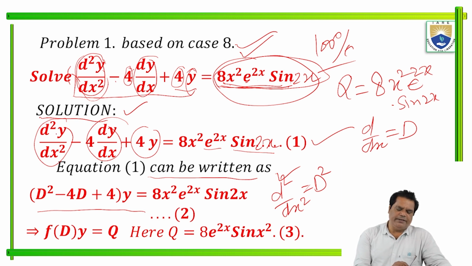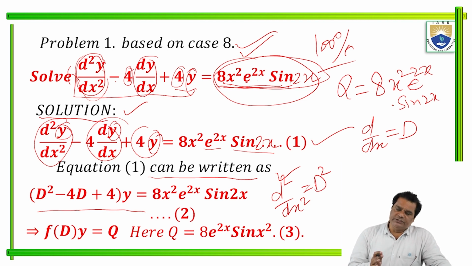Y is common in all terms. Y is here, Y is here, Y is here. So taking this y to the right hand side as common. Never take it on the left side. If any student takes this y on the left side as common, then the question is wrong, because here y is differentiable, here two times differentiable, here one time differentiable, and here not differentiable.